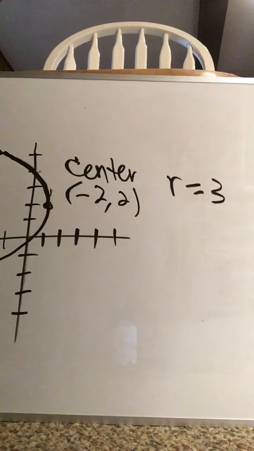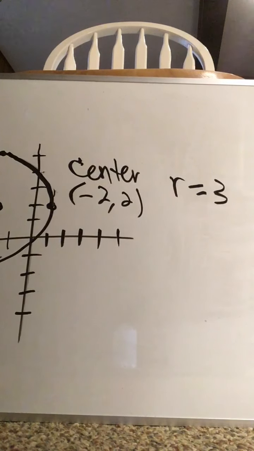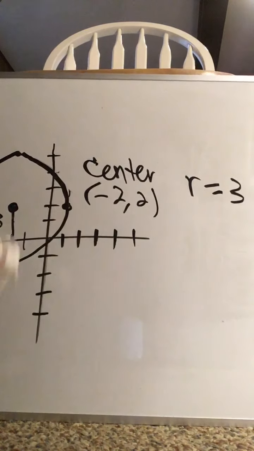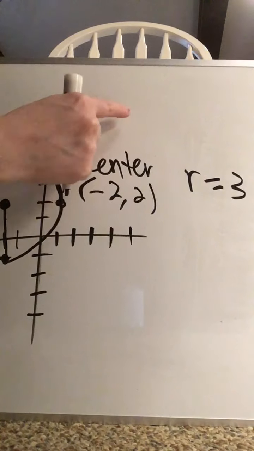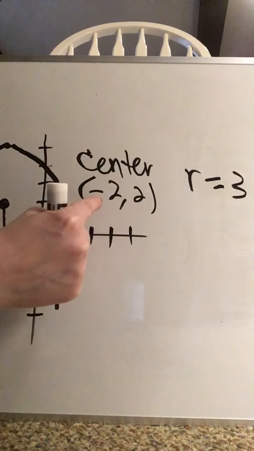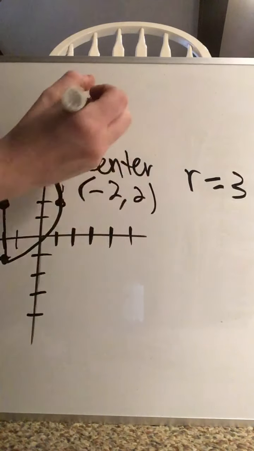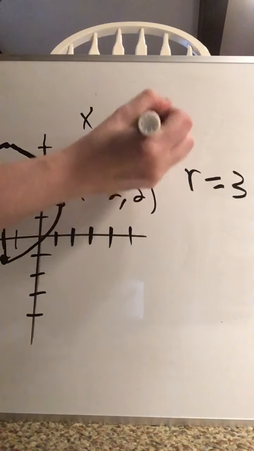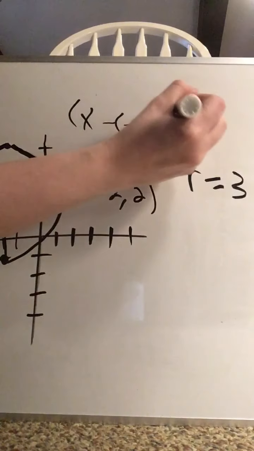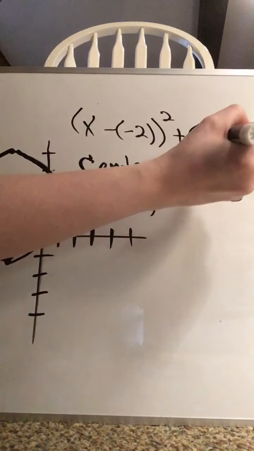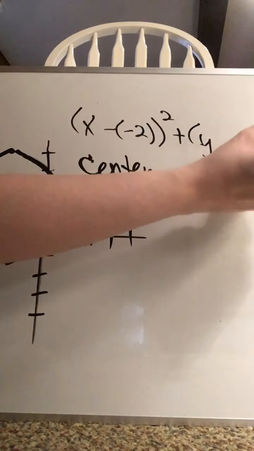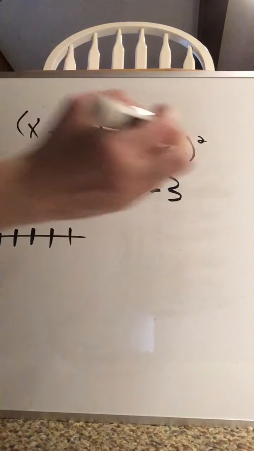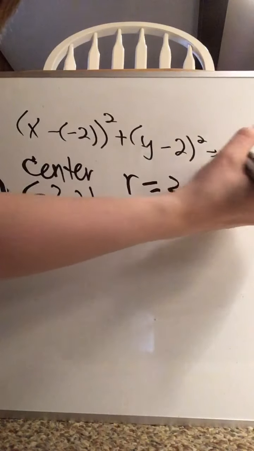To write an equation of a circle based on that information, that's what I'm going to show you now. I'm going to write it above this right here. The center is (-2, 2), so we're going to start out (x minus -2) squared plus (y minus 2) squared equals 3 squared.